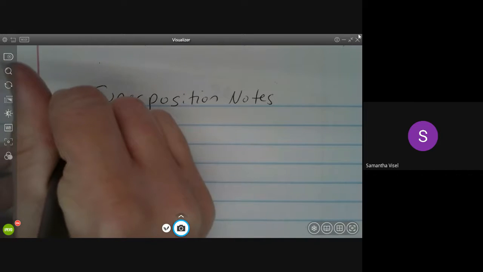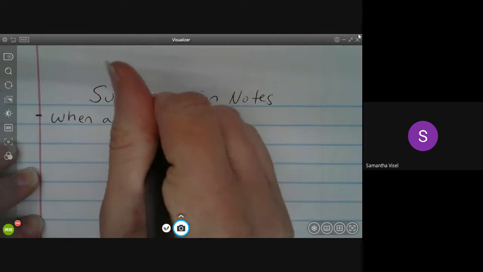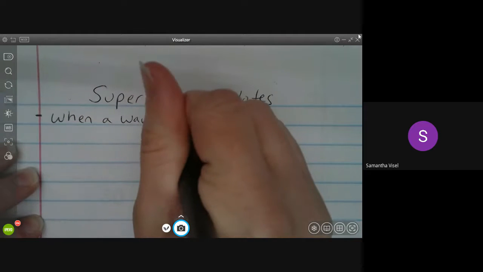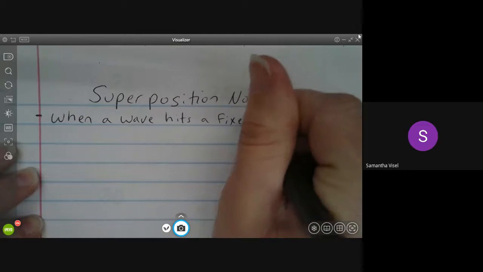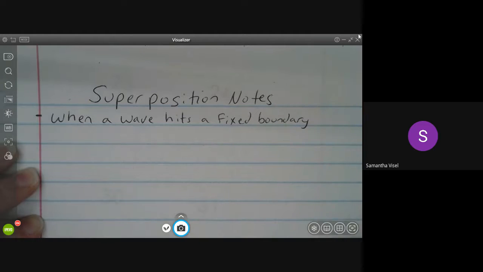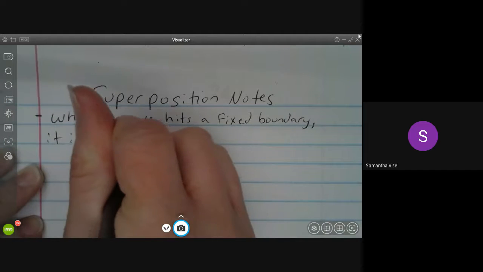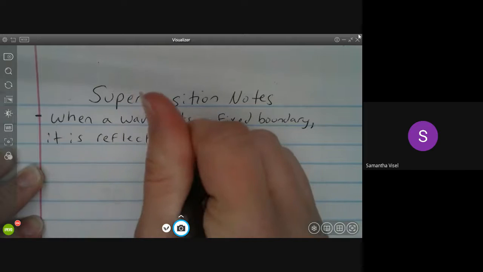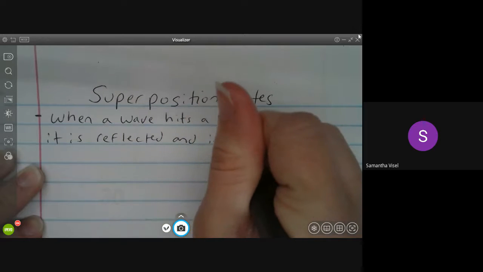So in general, when a wave hits a fixed boundary, it is reflected and inverted.